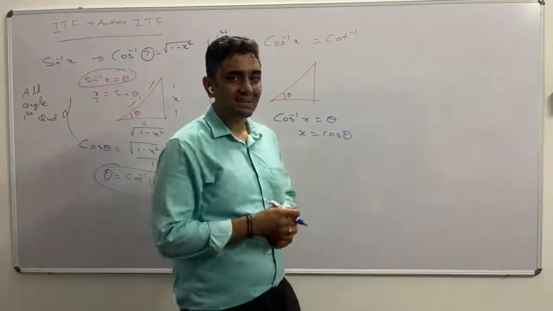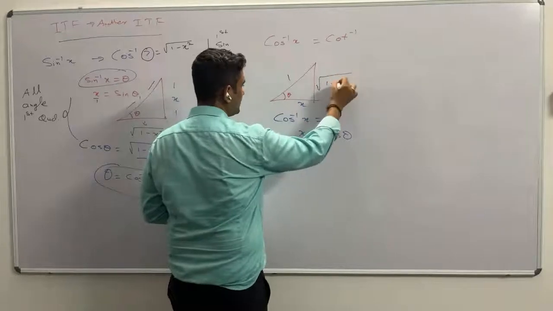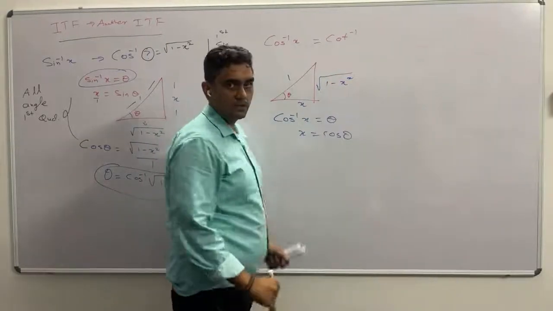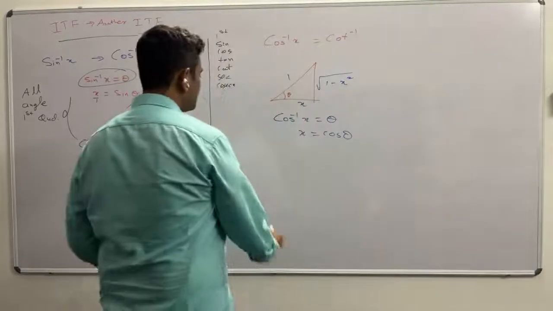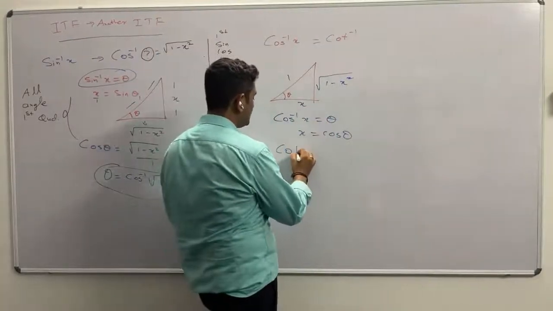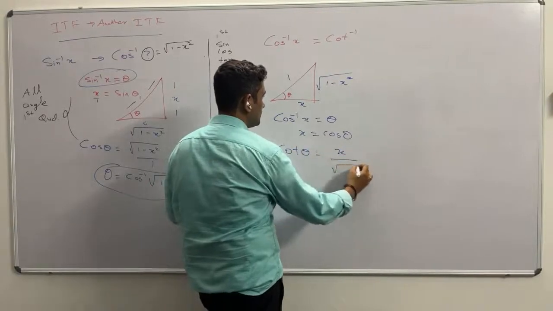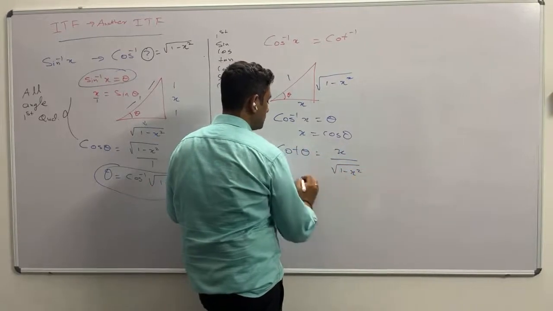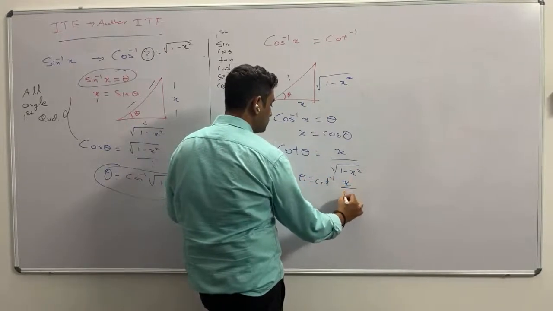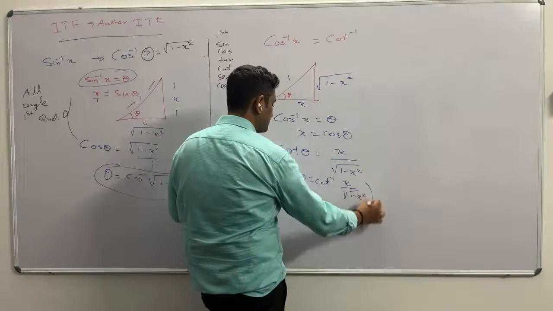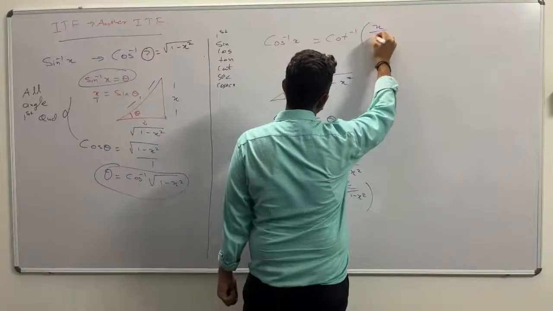Now we can write x as x by 1. So this will be x, this will be 1. The third side will be root over 1 minus x square using Pythagoras theorem. Now that we have got this, we can also say what cot theta will be. Cot theta will be adjacent by opposite. So theta will be cot inverse of x by root over 1 minus x square.